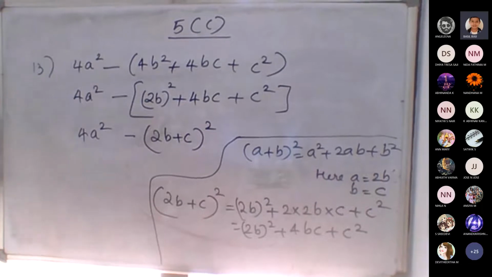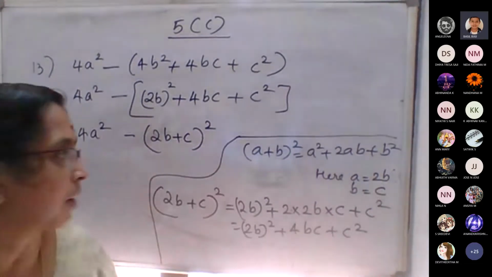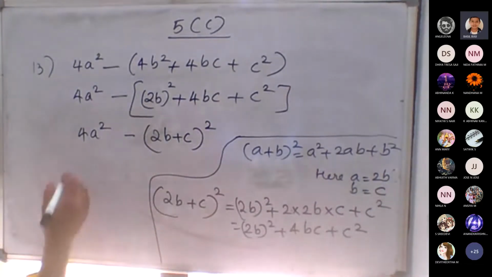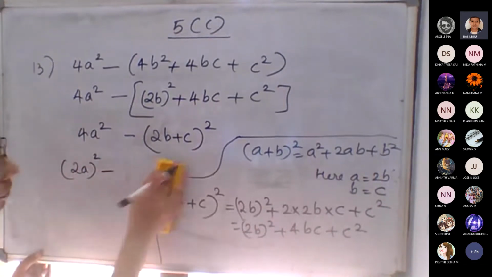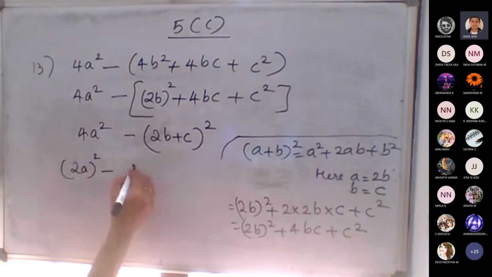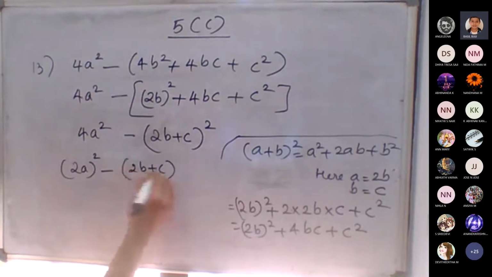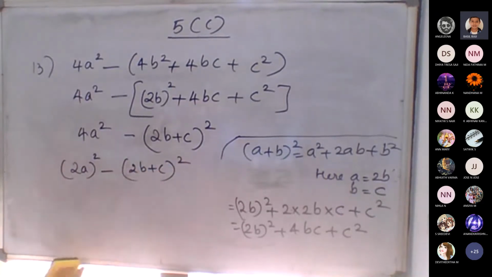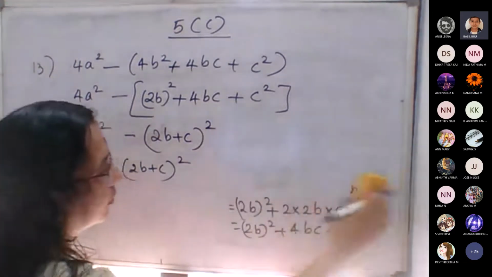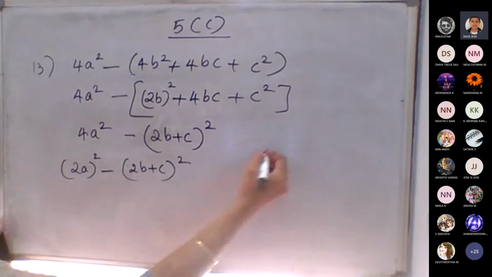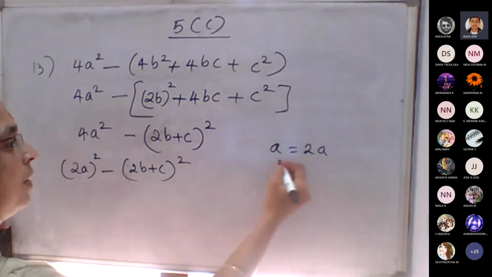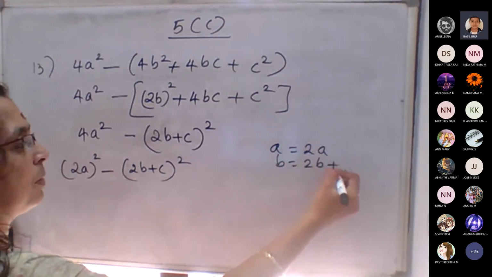Then this can be written as 2a whole square minus 2b plus c the whole square. This is in the form of a square minus b square. Here a stands for 2a and b is equal to 2b plus c.